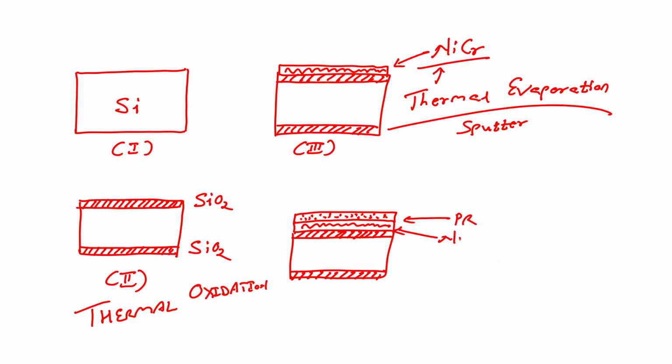This is my nichrome, this is silicon dioxide, this is silicon, and on this I will have a mask, and that mask is my bright field mask.